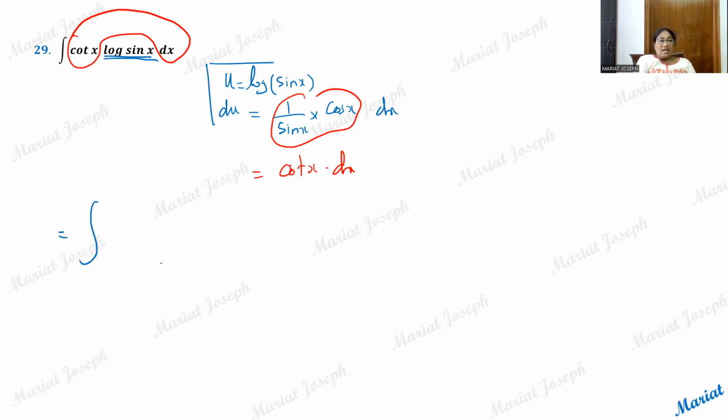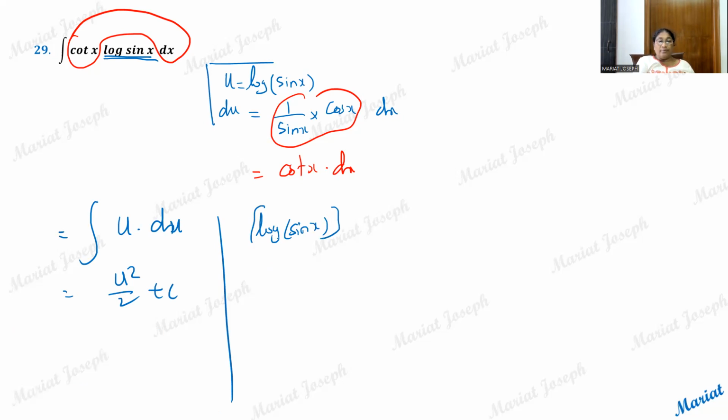So the integrand is now u du, nothing else. Which is u square by 2 plus c. And the u is log sin x. Log of sin x whole square by 2 plus c. That was question 29.